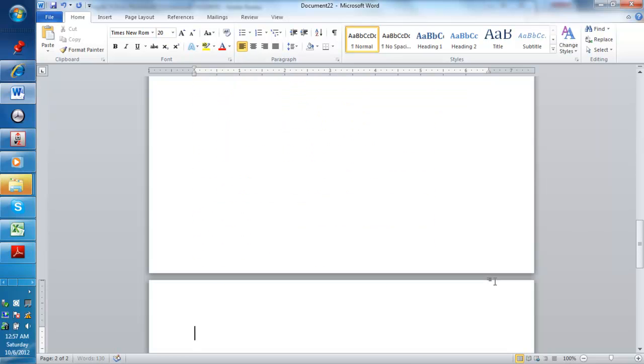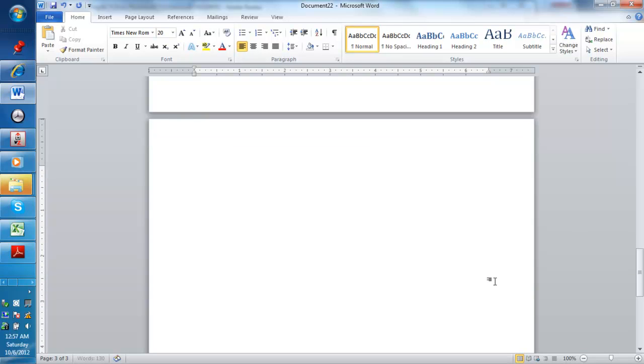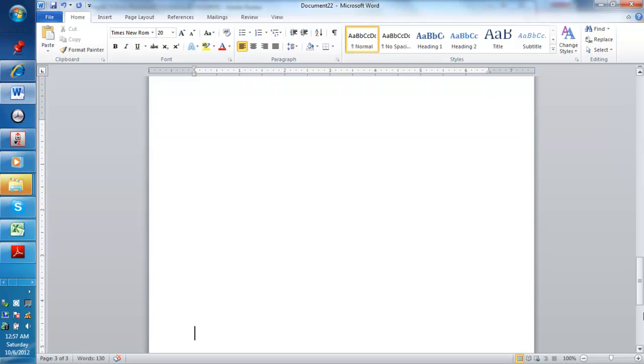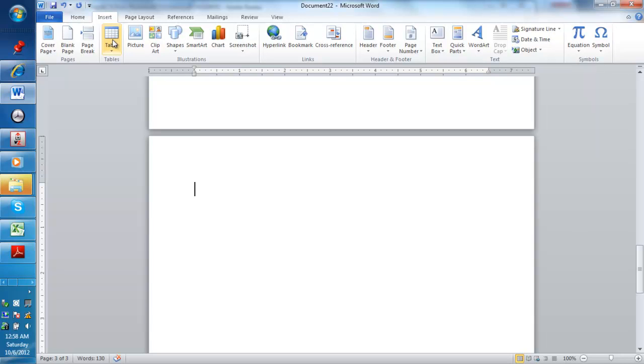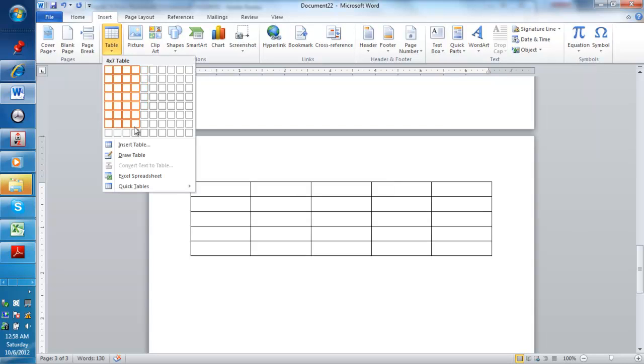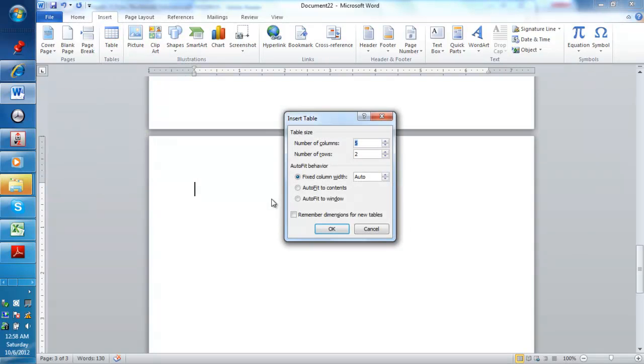If you're in an online course, or you're just trying to submit your assignment in Word, one way to graph the equation is to insert a table. When I insert a table, I like to use 20 columns and 20 rows.